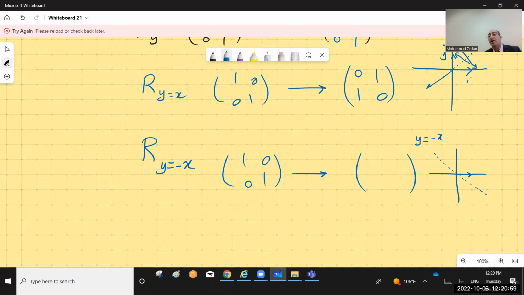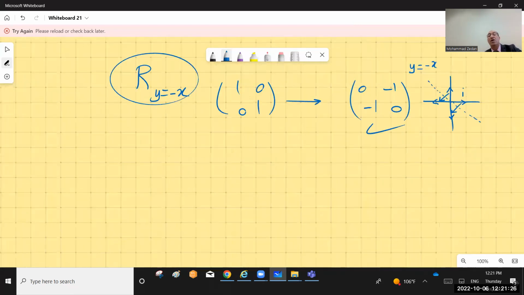Look, the i, this is 1 and 0, will be here, will be 0, negative 1. And the j will be reflected to be here, will be negative 1 and 0. Thank you. This is the matrix that represents a reflection in the line y equals negative x.